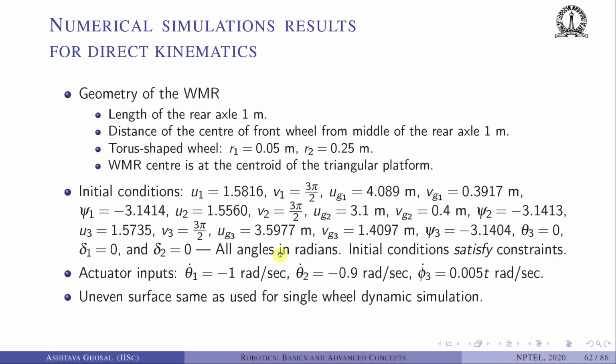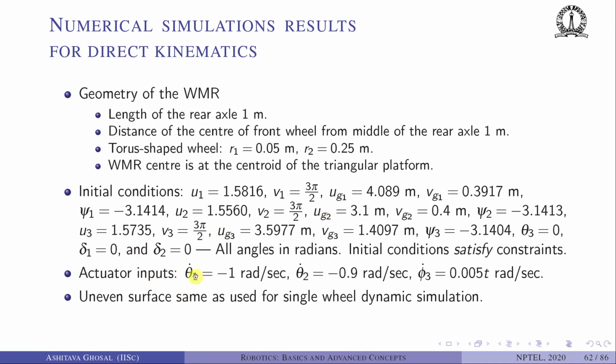Okay, these sets of values of initial conditions, U1, V1, UG1, VG1, psi1, U2, V2, and so on, are checked to satisfy the constraints. Okay, these initial values must satisfy the initial constraints, which are holonomic and non-holonomic constraints.